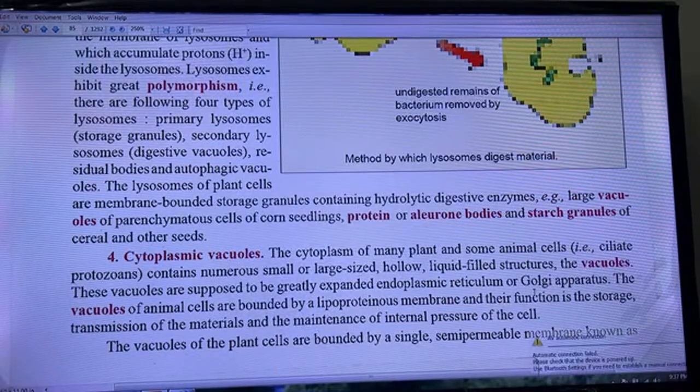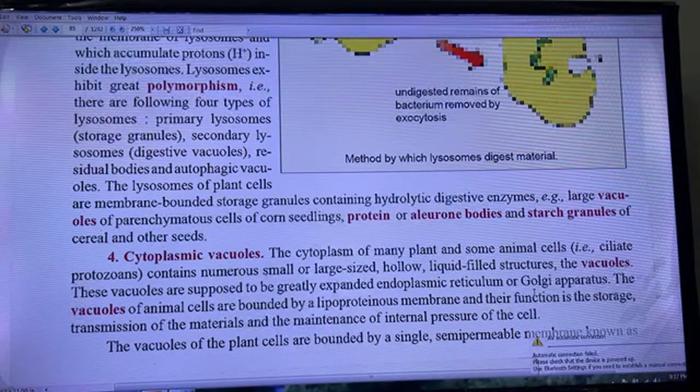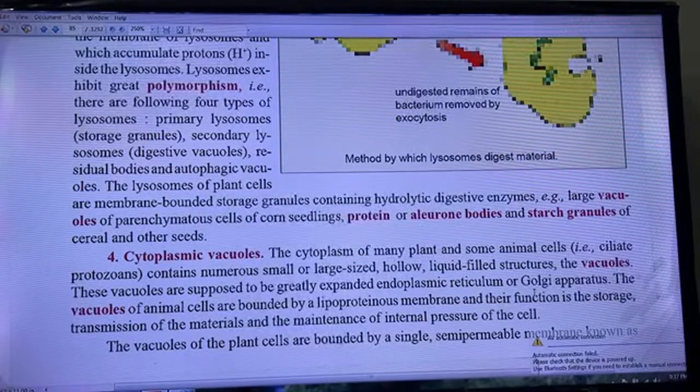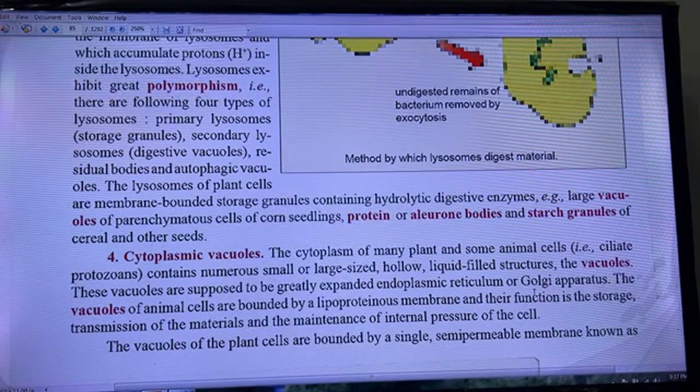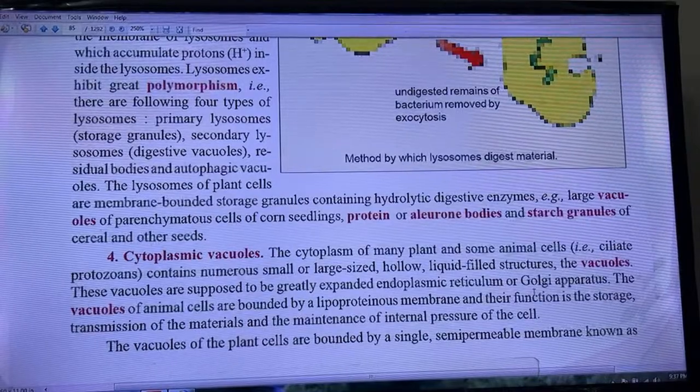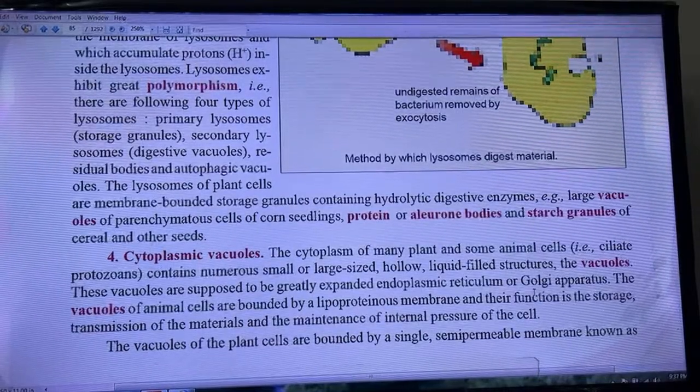Lysosomes exhibit great polymorphism. There are four types of lysosomes: primary lysosomes or storage granules; secondary lysosomes or digestive vacuoles; residual bodies; and autophagic vacuoles.